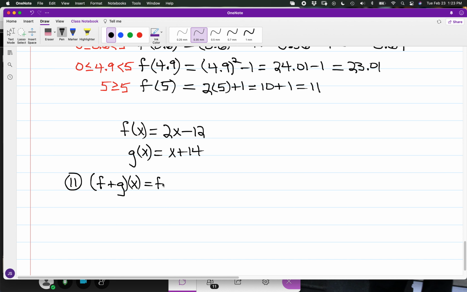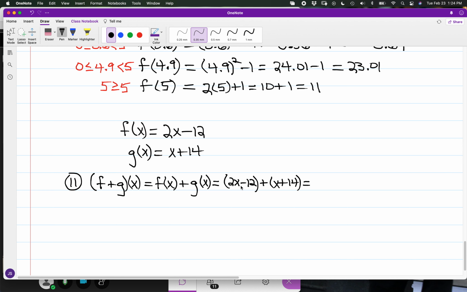And again, in the expanded notation, this means we have the sum of f of x and g of x. So for f of x, we have 2x minus 12, and for g of x, you have x plus 14.